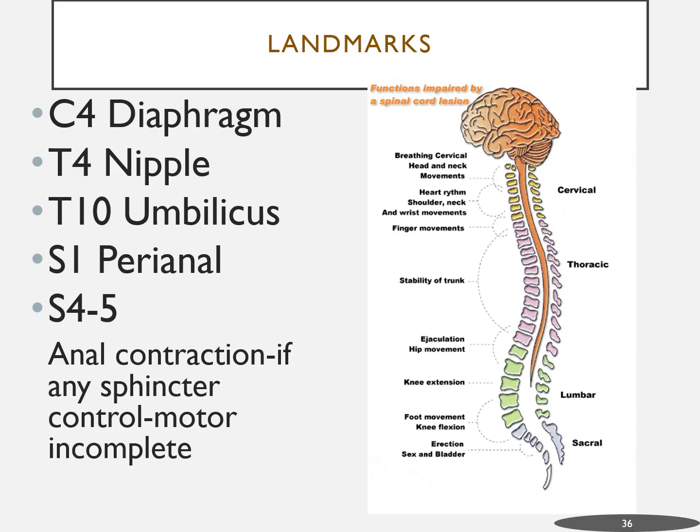Some of the landmarks, remember I said, where is our diaphragm innervated? So an injury at or near C4 is going to affect our patient's diaphragm. So even if you have an injury, let's say at C6, and if that patient isn't well cared for and that injury ascends up the cord, that can give the patient some respiratory difficulty.